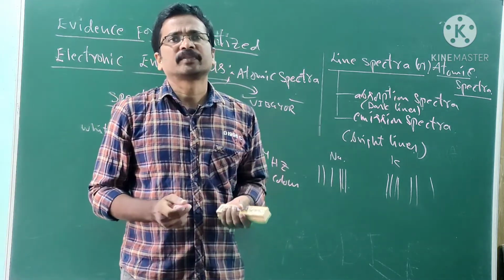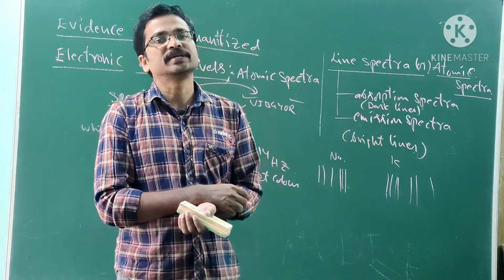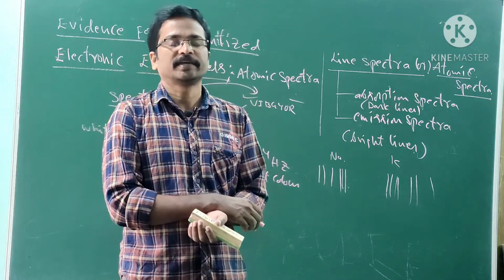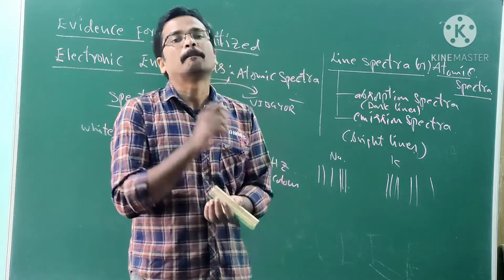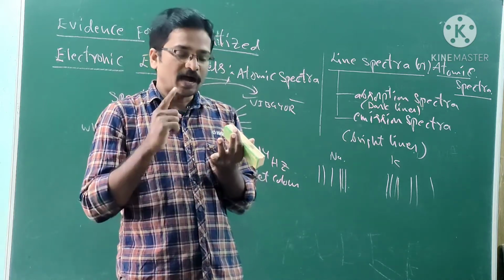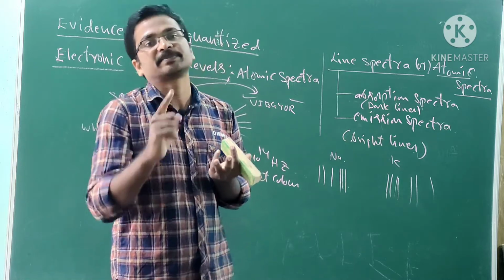We know atoms or molecules can give spectra. Molecules give spectra known as molecular spectra. Atoms give spectra known as atomic spectra.